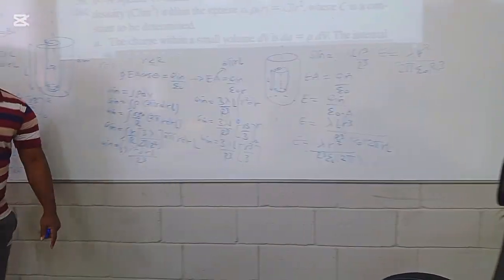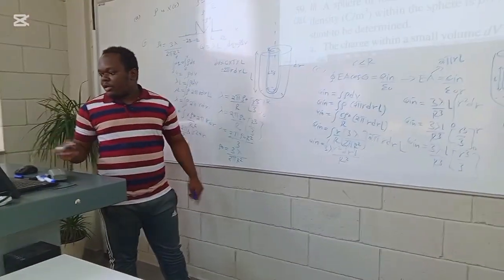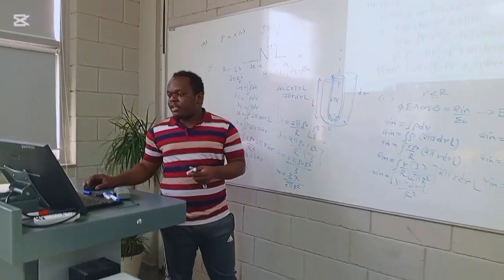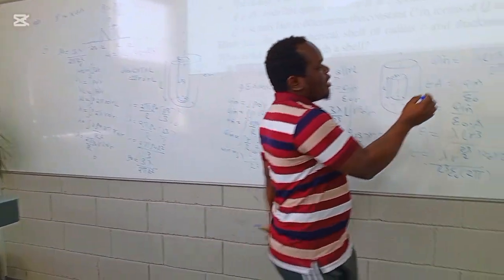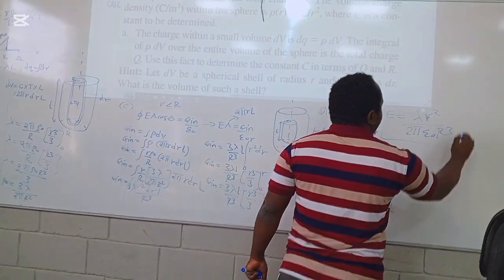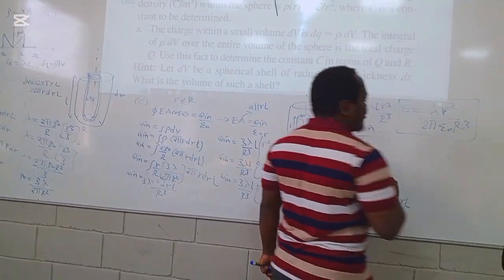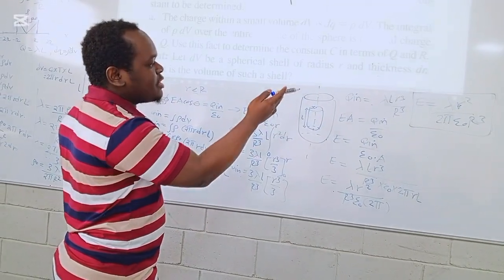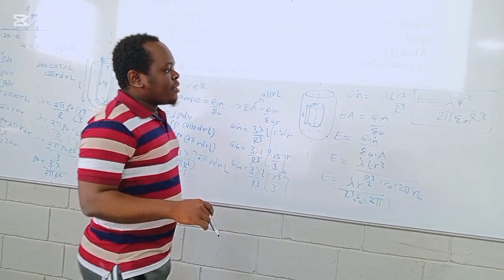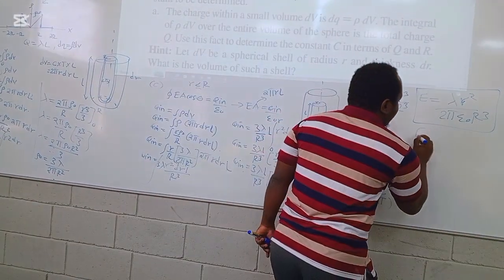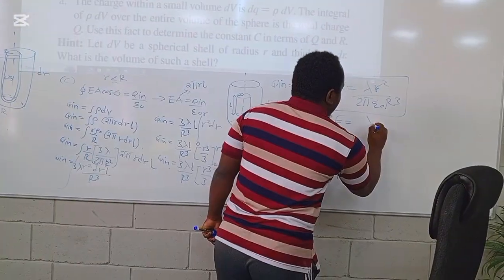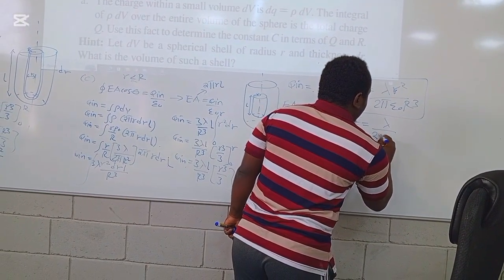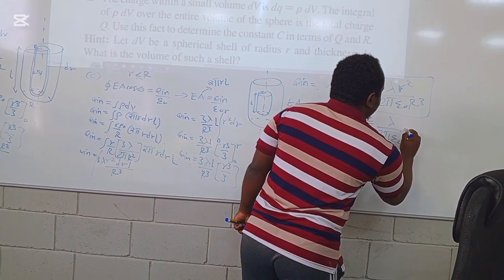So this is the expression of the electric field using Gauss's law in an infinite uniformly charged cylinder. Maybe you can put it like this, to make it more readable.